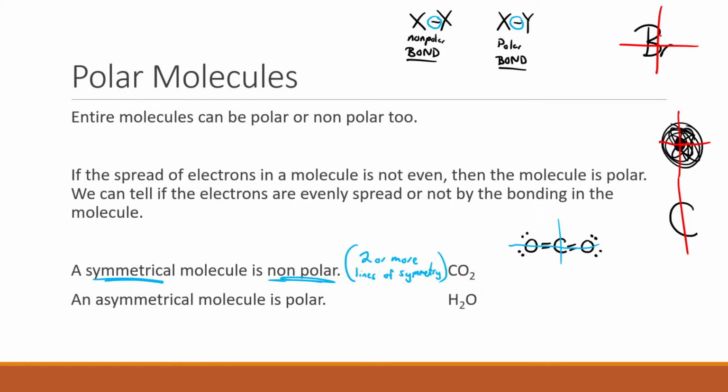Because bromine, the atom, the top half and the bottom half are the same. The left half and the right half are the same. And so when we draw lines of symmetry, as long as you cut the letter in half and then fold everything else onto itself, right here we cut carbon in half and an oxygen folds over onto an oxygen. This is a line of symmetry. This is a line of symmetry.